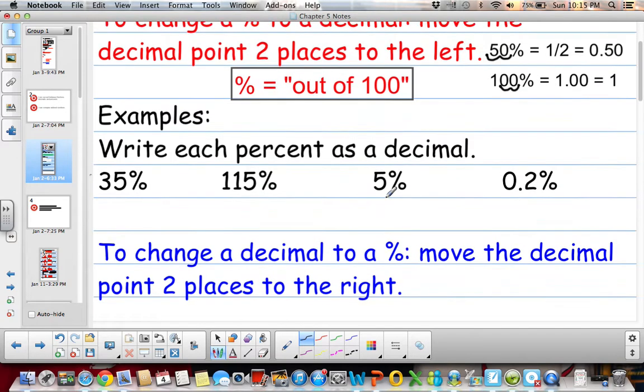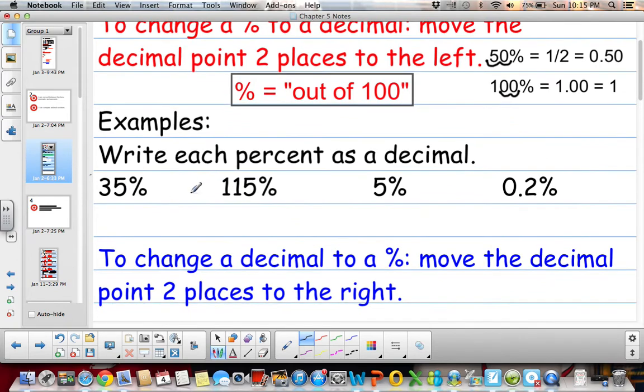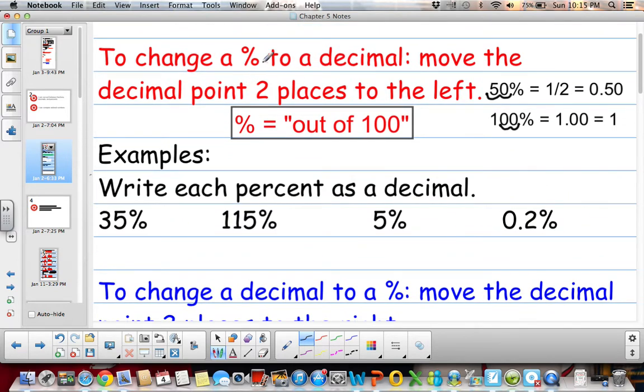So if we have 35%, again, if we want to change a percent to a decimal, we move the decimal point 2 places to the left. This is probably something that you want to include in your notes. Changing a percent to a decimal, and reminding yourself that a percent equals out of 100. So 35%, if there's not a decimal shown, our decimal always starts right after the number.